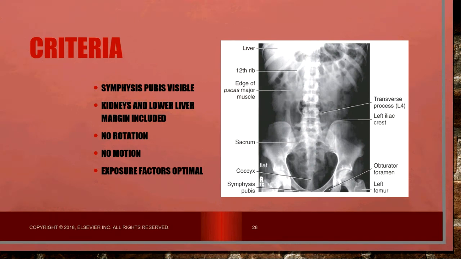So right across here would be the one crosshair, and right down the middle for the other crosshair, which these look about equal size, so that centering actually is pretty good with that image. You want to make sure that there's no rotation, no motion in your image, and that your exposure factors are optimal.